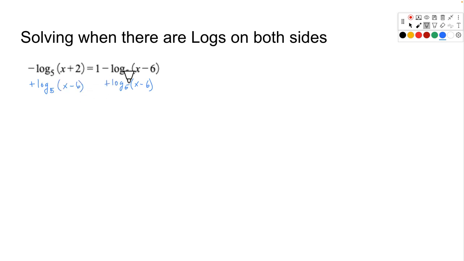So a negative and a positive, these become 0 on this side. We get log base 5 of x minus 6, that's the positive one, minus log base 5 of x plus 2, and that's all equal to 1.